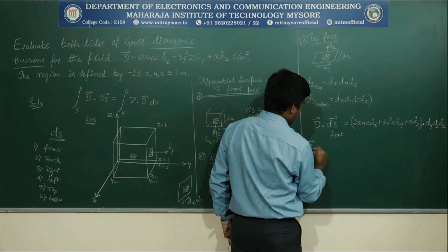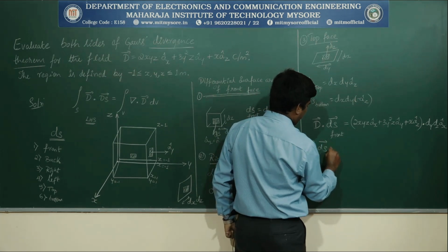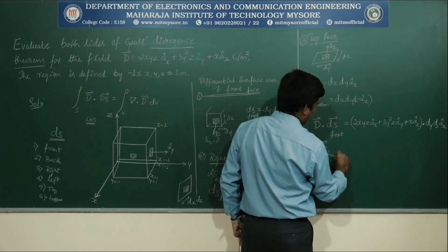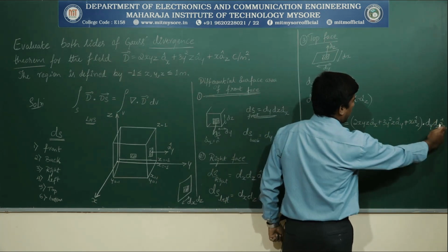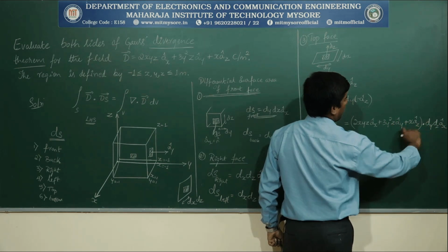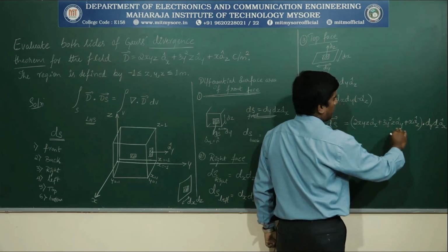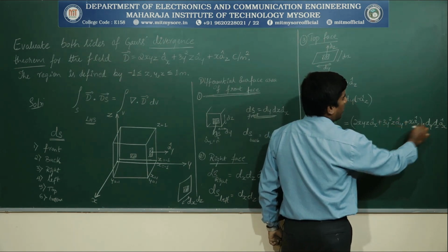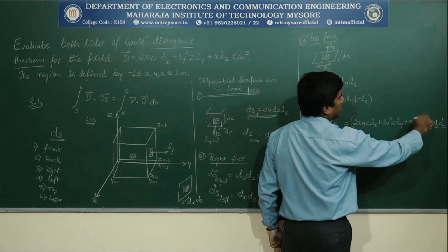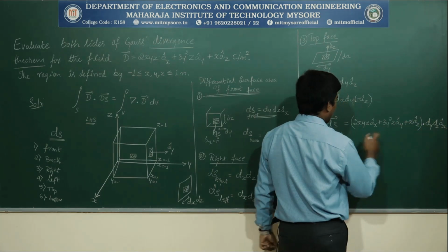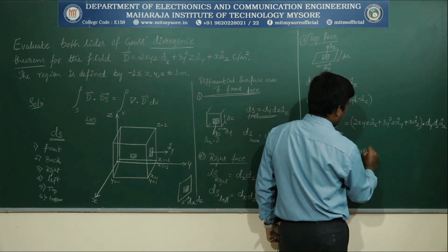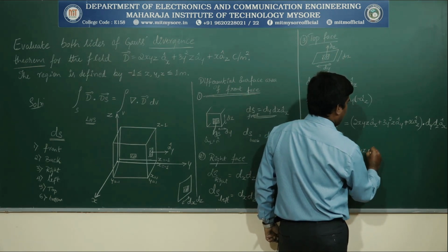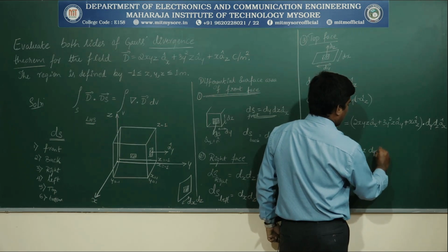Therefore D dot ds for the front surface is equal to how much? A cap x dot a cap x is equal to 1. Then the rest of the things are perpendicular to each other. A cap y dot a cap x is equal to 0. A cap z dot a cap x is equal to 0. We are left with only this quantity, 2xyz into dy dz.